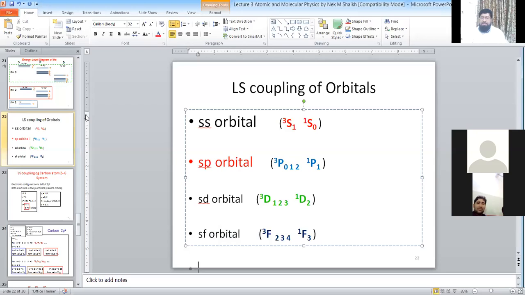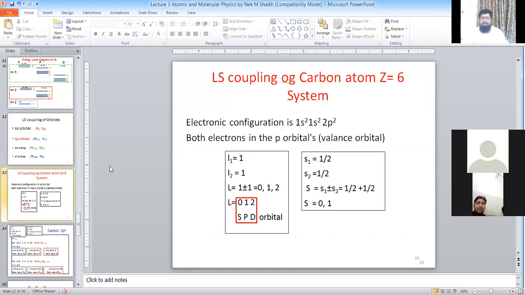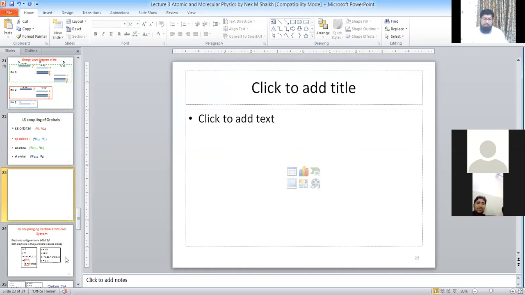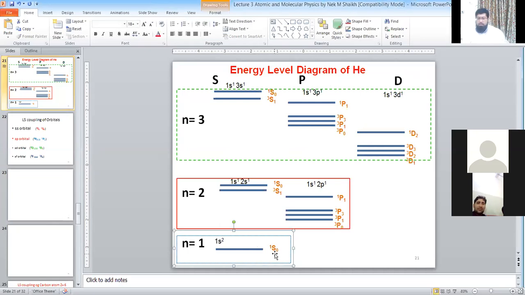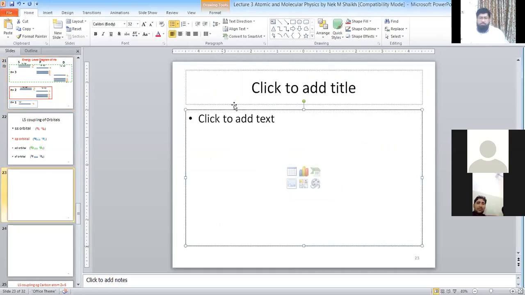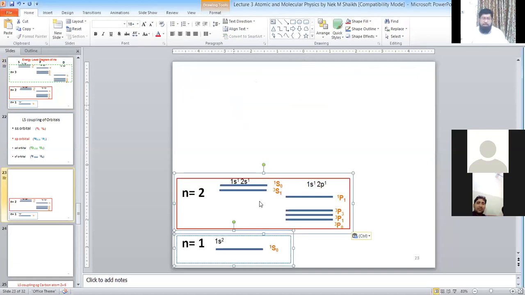So generally these are the term values for the different orbitals, the orbital combinations of the two electron system here. So now again, if we draw the energy level diagram for these values, on a new slide, how does the electron jump from the lower level to the higher level here?